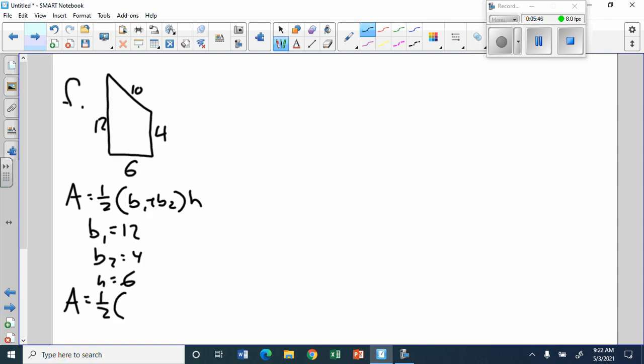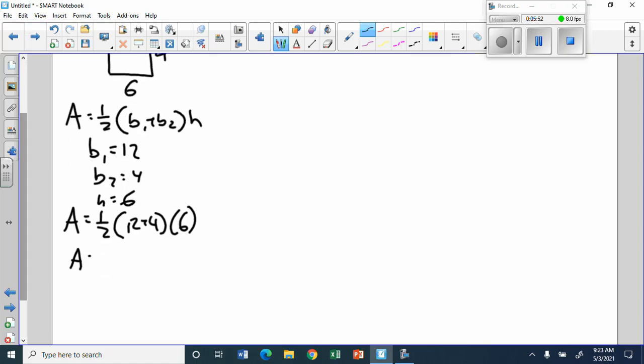Area equals 1/2 of 12 plus 4 times 6. 12 plus 4 is 16. Half of 16 is 8, times 6 is 48. So we know that that base is 48.